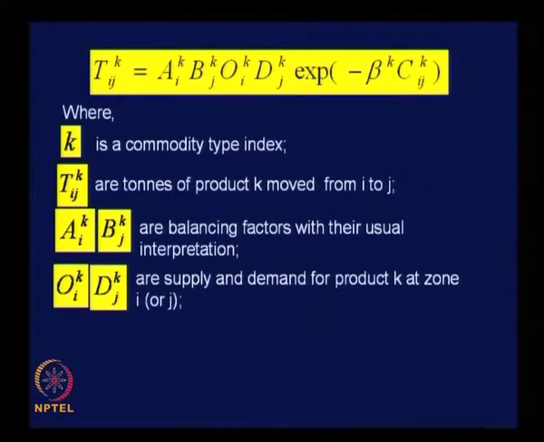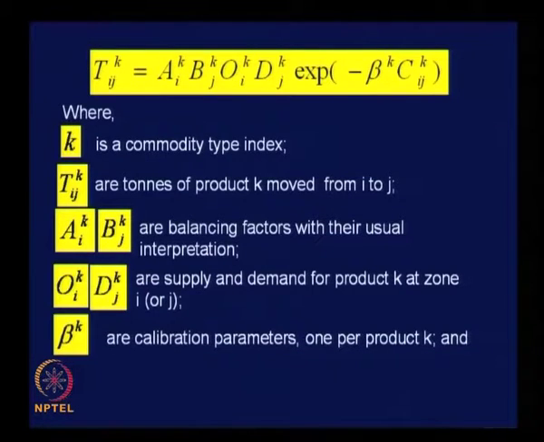Oi and Dj are supply and demand for the product K at zone I or J, depending upon whether it is supply or demand. Beta K or calibration parameter, of course obtained separately for each type of commodity.